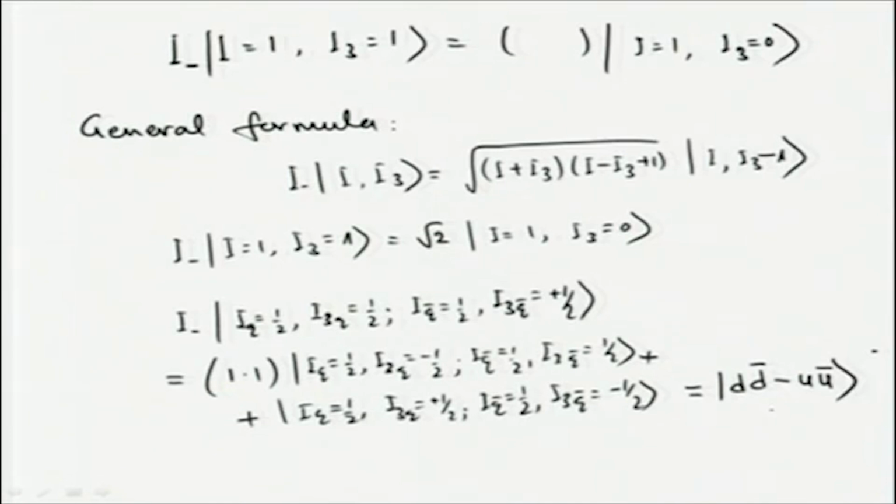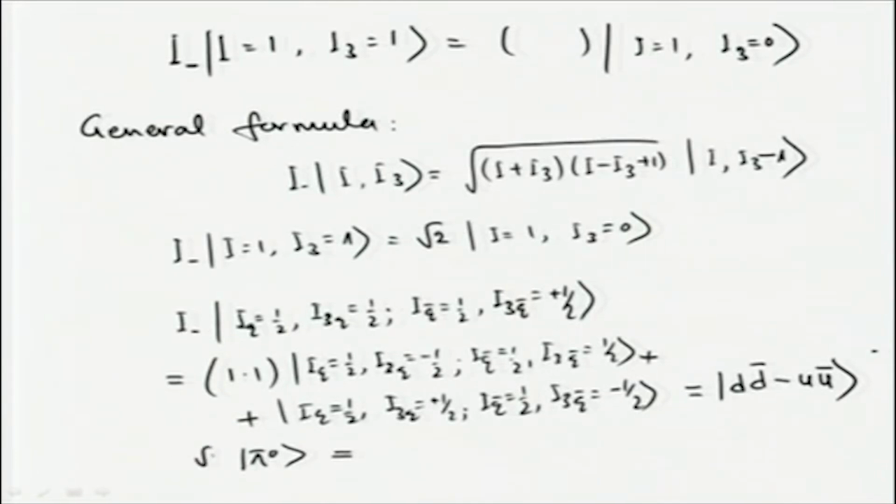So, this is the quark content of I equal to 1, I3 equal to 0, which means we can ask if there is a particle like that, and indeed we can identify pi 0 with this, but you had a root 2 there as a factor.